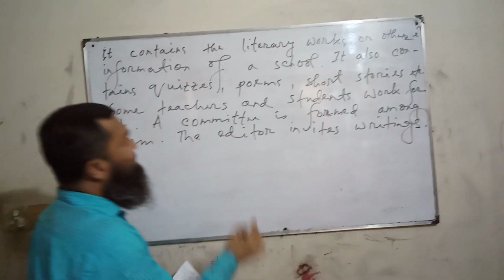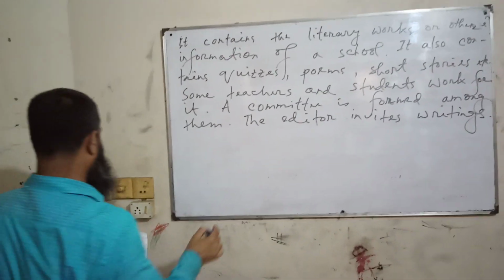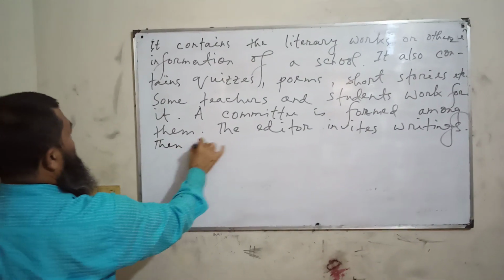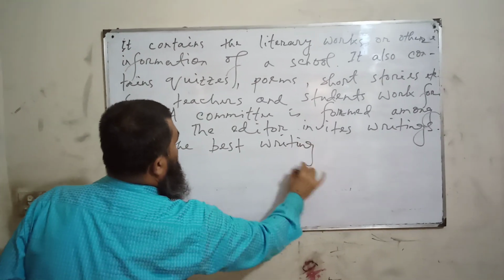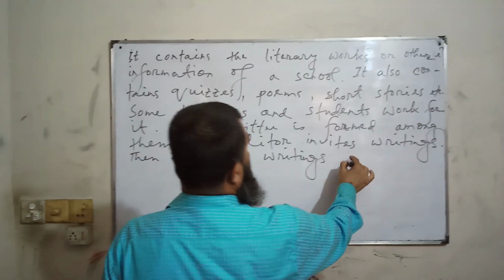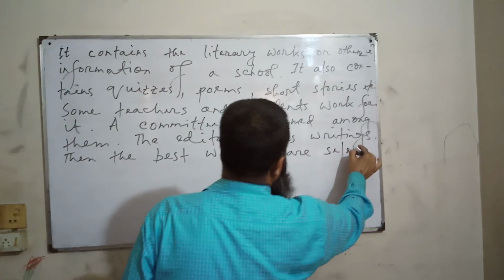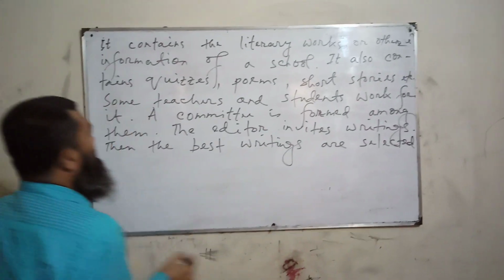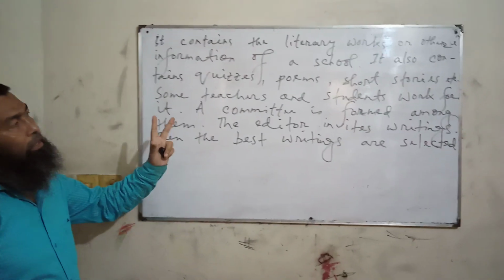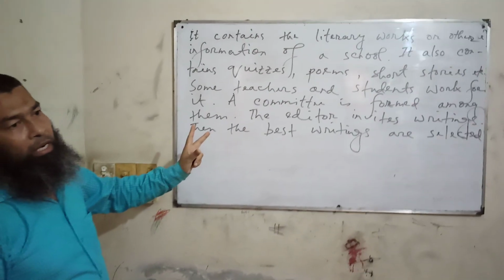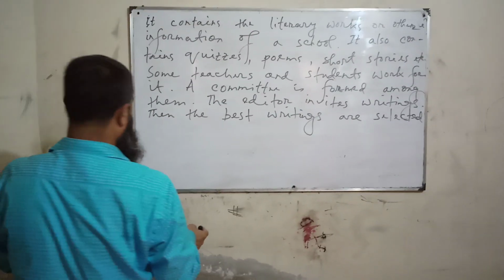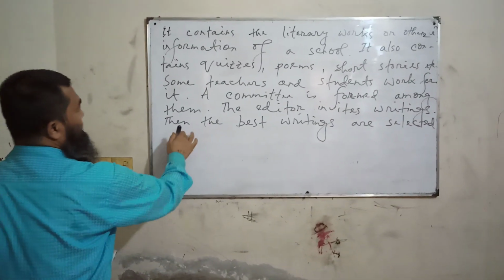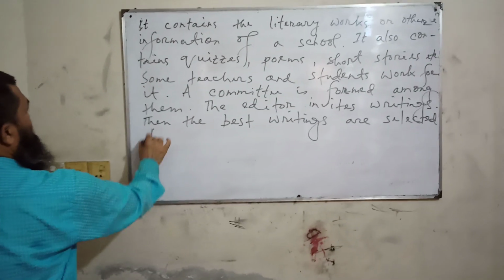The editor invites writings, then the best writings are selected. So these are developing ideas. You are developing your ideas. It is the second part, the middle part. Then the best writings are selected for publishing.